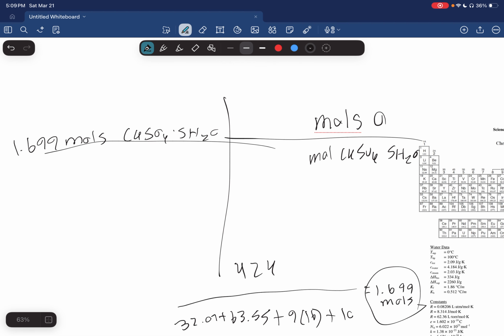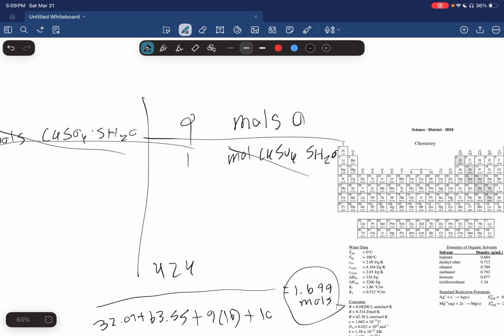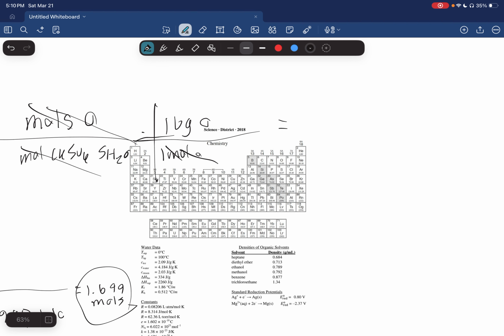And so we can come up here and write that as a ratio, and that should give us the amount of moles of oxygen we have, because these units will cancel out and we'll be left with moles of oxygen. But we want grams of oxygen. I'm running out of space here, but for every 1 mole of oxygen, we have 16 grams of it, because that's our molar mass. So those units will fully cancel out, and we'll be left with grams of oxygen at the end.